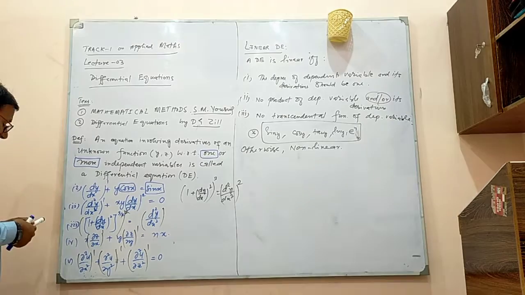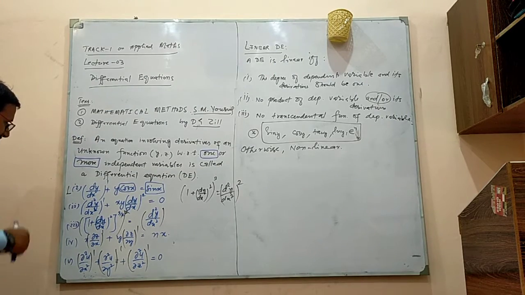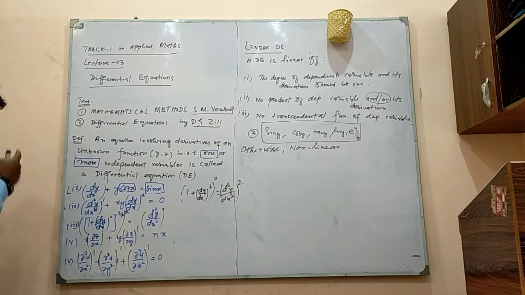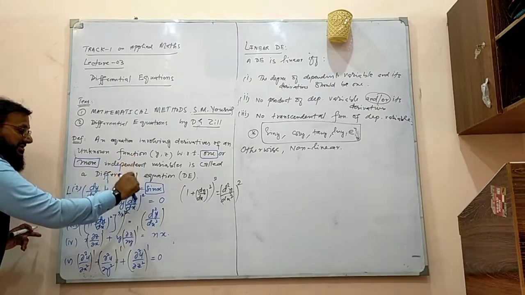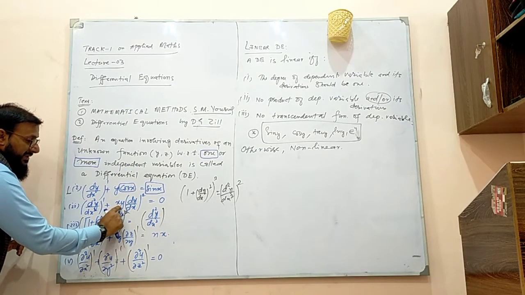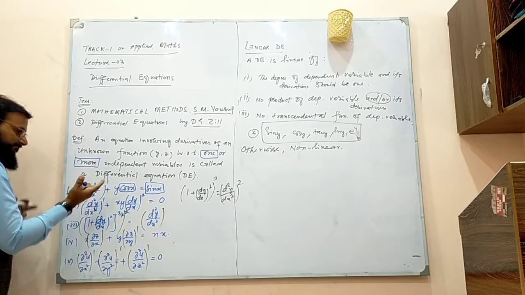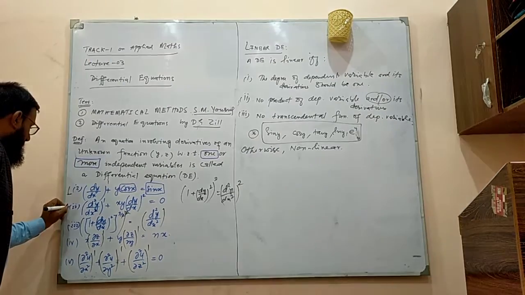So I am simply writing L for linear. Second one: non-linear, you can see the power of the derivative, and the product. The second condition is also not satisfied. The dependent variable is multiplied with the derivative, so it is non-linear.